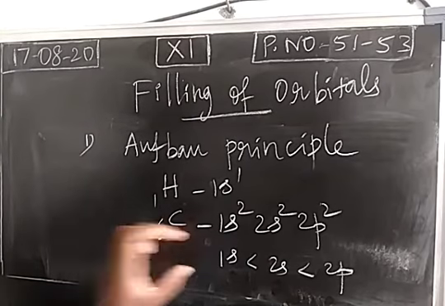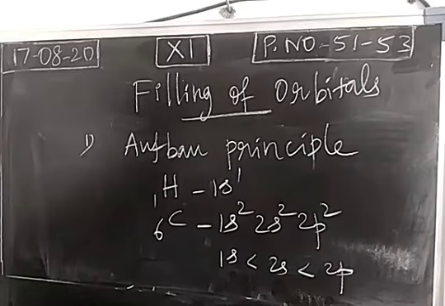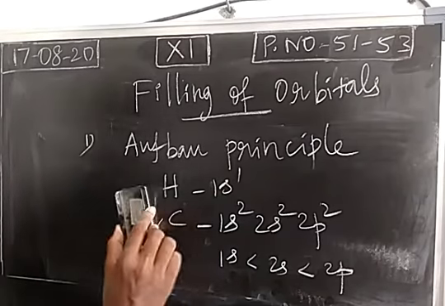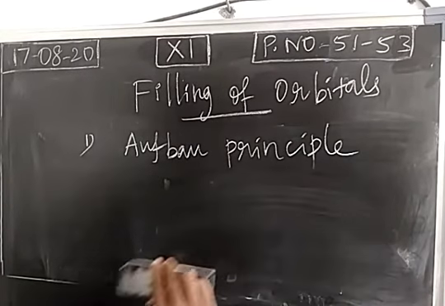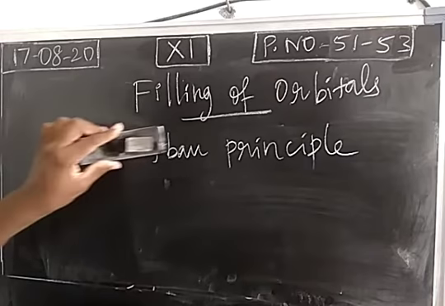First electrons fill the lower energy orbital, then the higher energy orbitals. How many electrons maximum are present in the p orbital? Maximum 6 electrons can be accommodated. Right? So Aufbau principle says electrons will be arranged in lower energy orbitals first, then higher energy orbitals will be filled. Right?